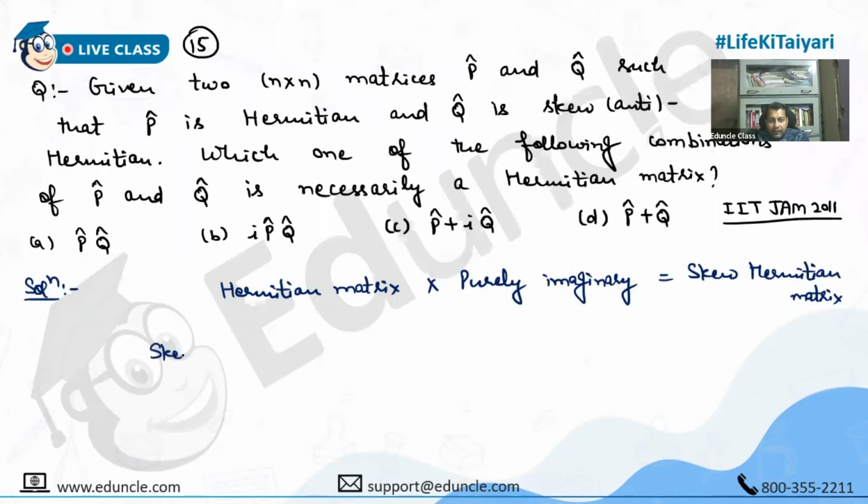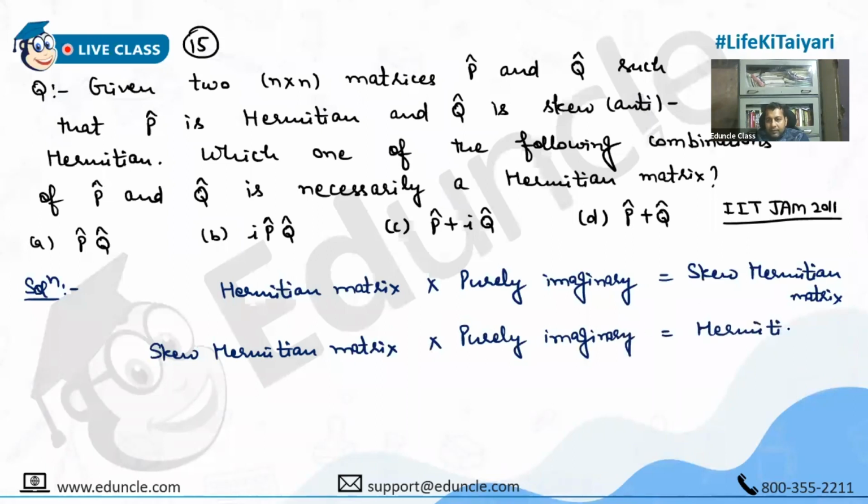And if you multiply a skew Hermitian matrix with a purely imaginary number, then we will end up getting a Hermitian matrix.